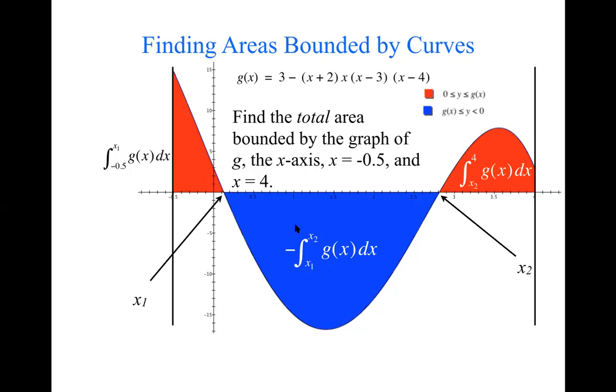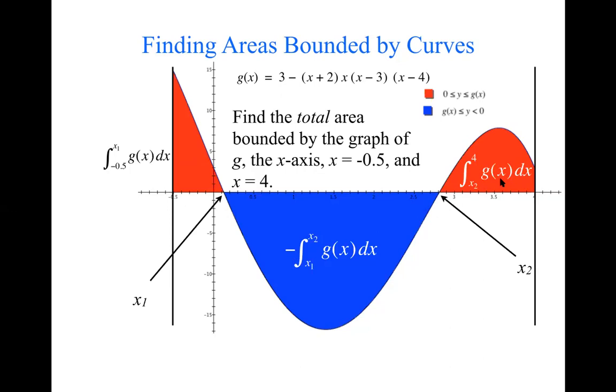In general, you could always just put an absolute value around a section to make sure that it comes out positive. But since I know that this is negative, if I integrate from x1 to x2, then by throwing a negative sign, I know I've made it positive. And then the third section, similar to the first, is a section where the rates are all positive.